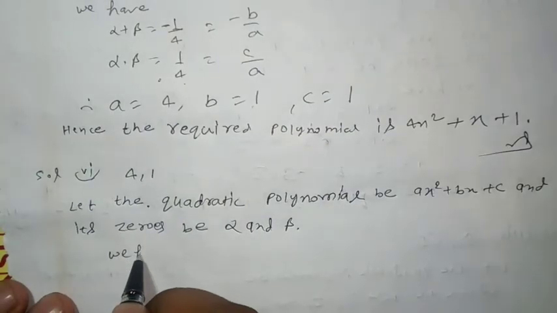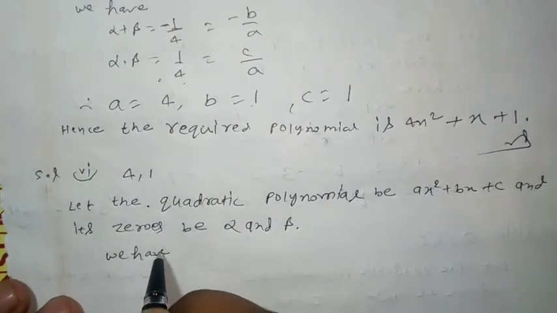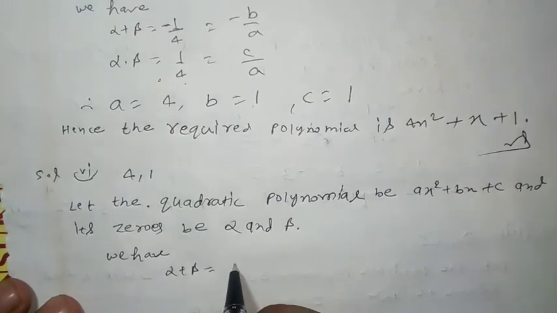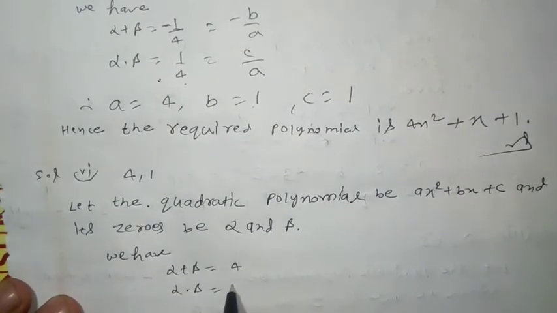We have alpha plus beta is equal to 4, alpha into beta is equal to 1.